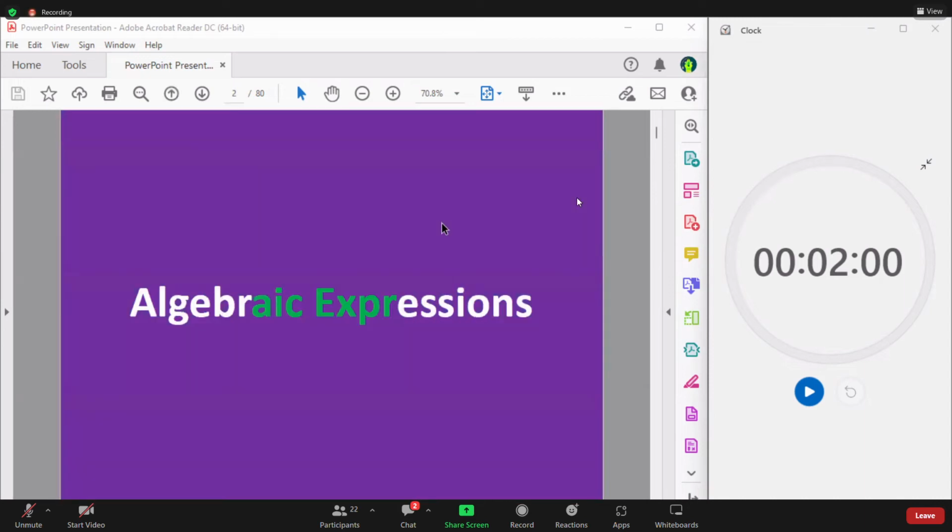Okay, then the first thing that we study will be expressions, algebraic expressions. Now, an algebraic expression is basically a mathematical statement.